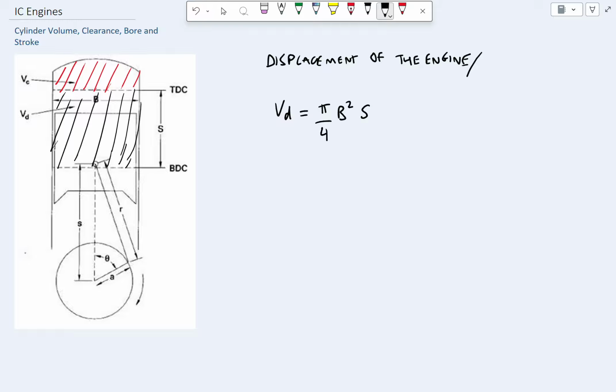Now, this volume displaced is for one cylinder. As such, the volume displaced of a cylinder is calculated as is. If we need to find the volume displaced for the whole engine, because an engine could have more than one cylinder, our VD would be equal to pi over 4 B squared times S times the number of cylinders.